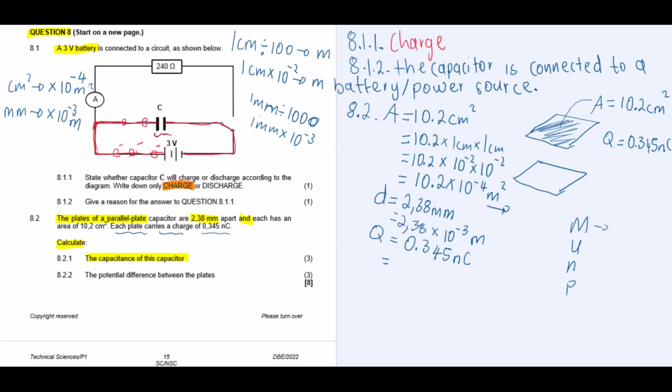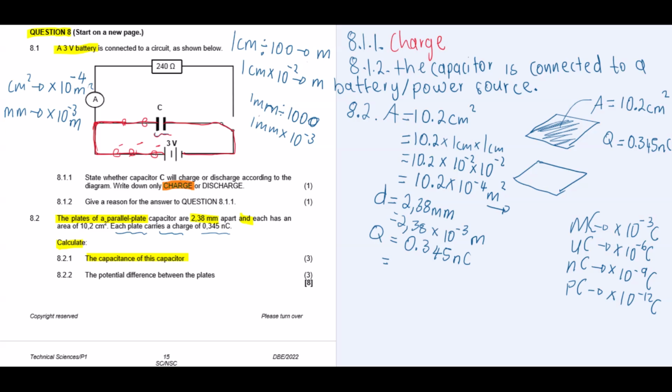When the charge is in nanocoulombs, we multiply by 10 to the power of negative 9, which takes our conversion to coulombs. You can just recall that if it's nanocoulombs, it's 10 to the power of negative 9.